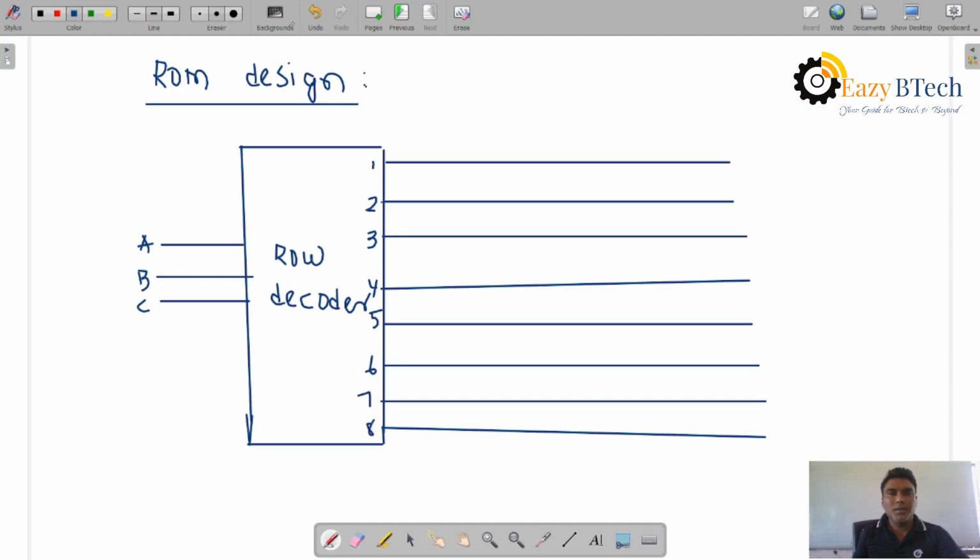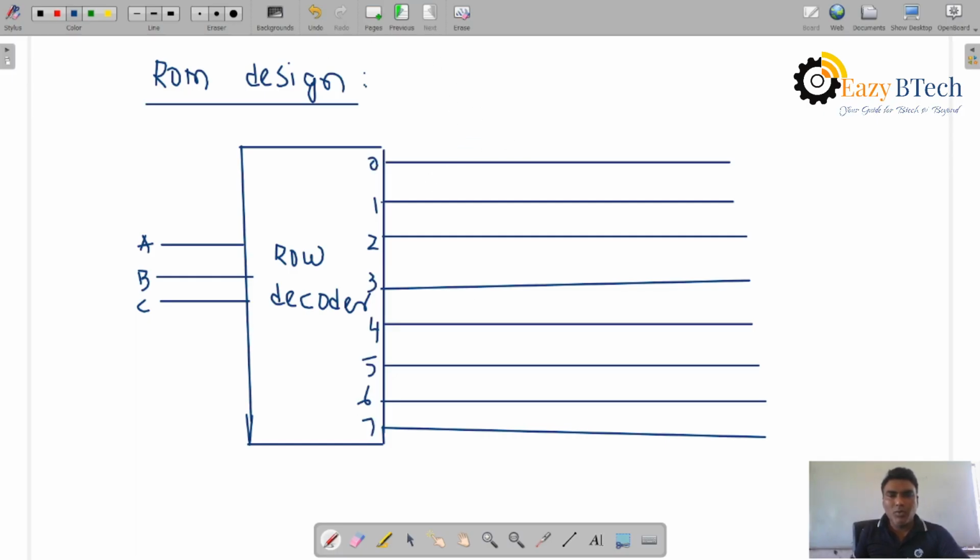Otherwise we can take 0 to 7, according to the address line. So with address 0, 0, 0 it is 0, 1, 2, 3, 4, 5, 6, and 7. 0 to 7, total 8.